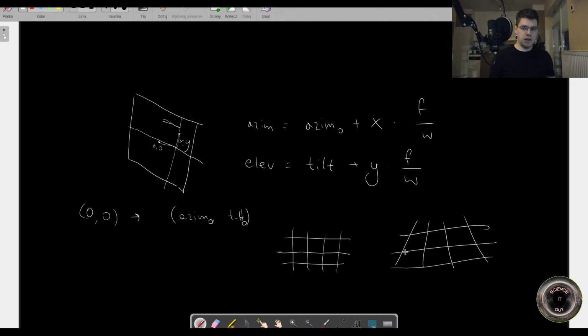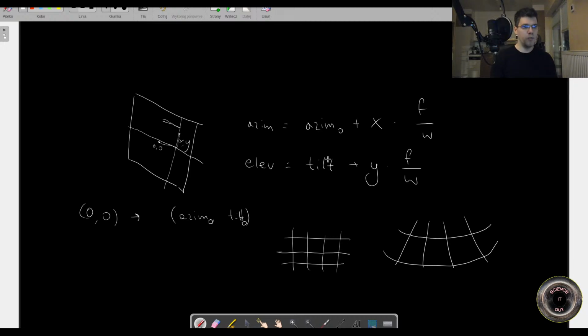And this is, well, not even like this. This should even be curved. And this is not what you will get in this model. It will be completely different. So yeah, small fields of view and also small tilts as much as possible.